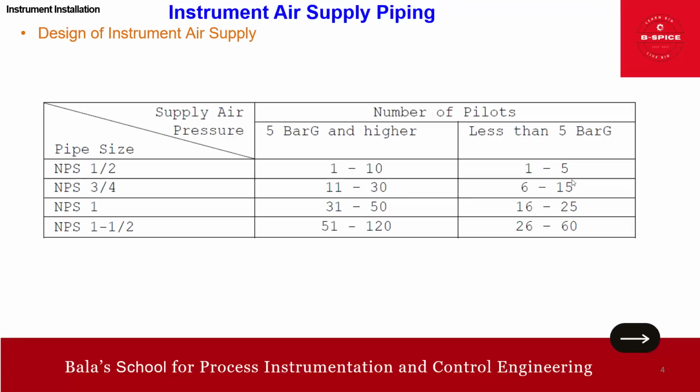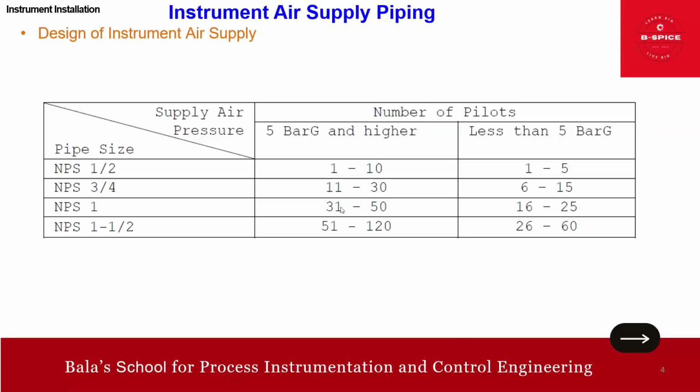If it is less than 5 bar, 1 to 5 pilots. Then if it is 3/4 inch, slightly bigger, you can go up to 11 to 30. And for less than 5 bar, 6 to 15. So basically you can see, if it is 10 here, this is 5. If it is 30 here, this is 15. So depending on the pressure, you can have more number of pilots.